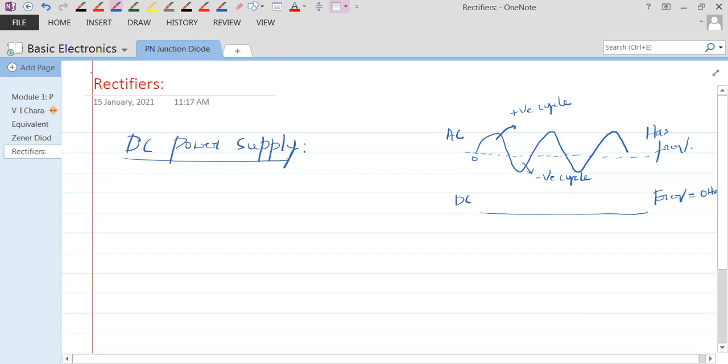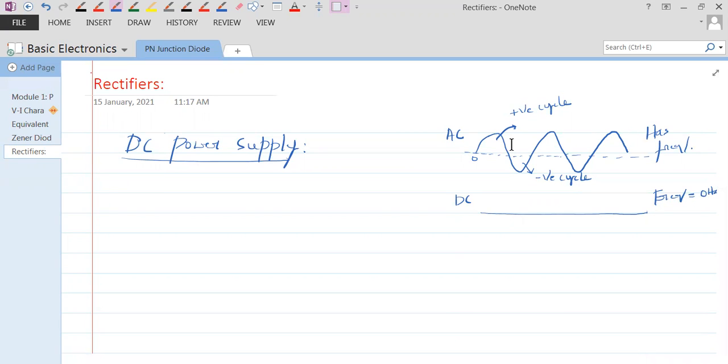Now, let me ask you this. Where have you seen this AC signal? Anybody? In our daily lives, suppose if you have to charge your laptop or the smartphone, where do you connect it? You connect it to power supply, right? Power supply which is there in the socket, on the wall you will find that.